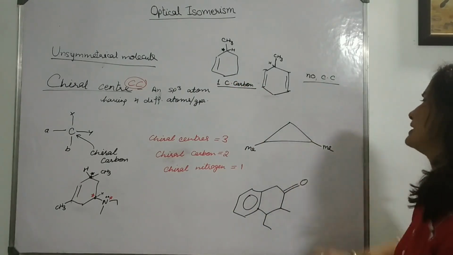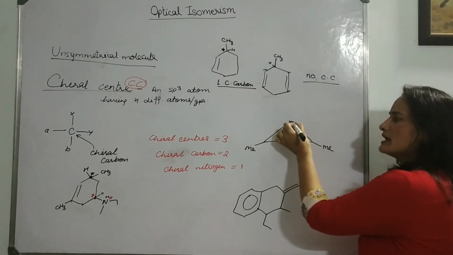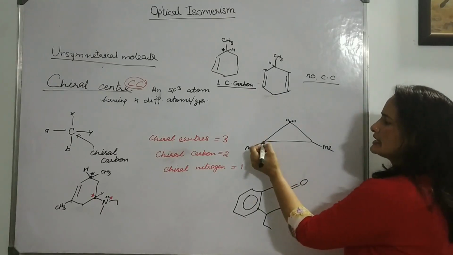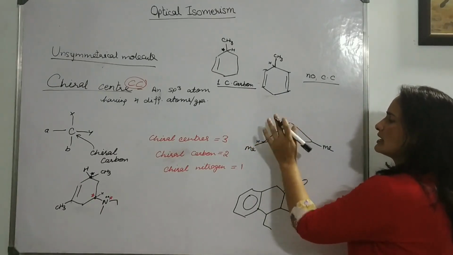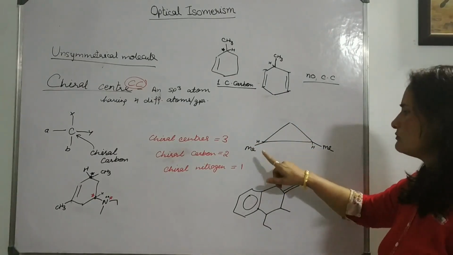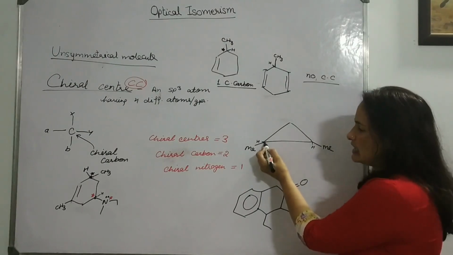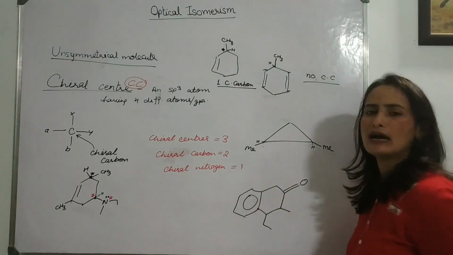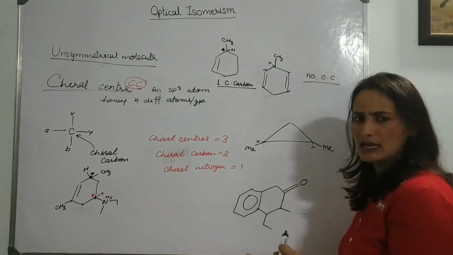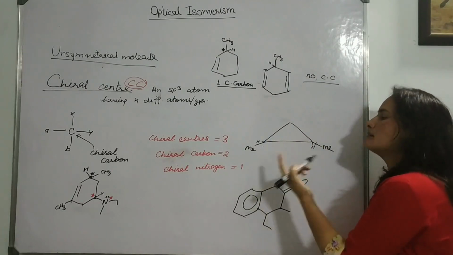Correct? Now here if we check, this is also sp3, but here are two hydrogens present, so no need to check for this. Here in this case, one hydrogen, one methyl, one hydrogen, one methyl. So check for chirality one by one. Go for this. This is an sp3 hybridized carbon having one methyl and one hydrogen. And for the ring, same rule as we did in geometrical isomerism. Go clockwise and anti-clockwise, similar group.